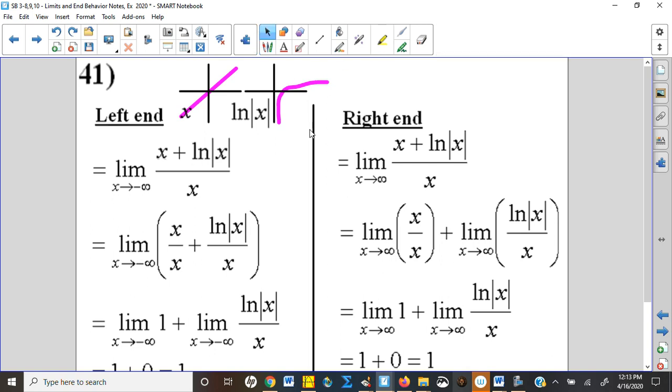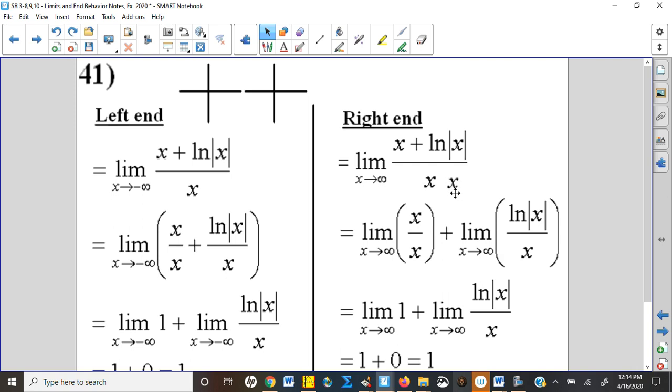It's the weakest function we have other than a constant function, that doesn't grow at all. And so in both directions, whether we're approaching negative infinity or positive infinity, x is going to overpower the natural log of x. And so this is a case where instead of choosing different functions in each direction, I say, okay, x is more powerful in the left and x is more powerful in the right.